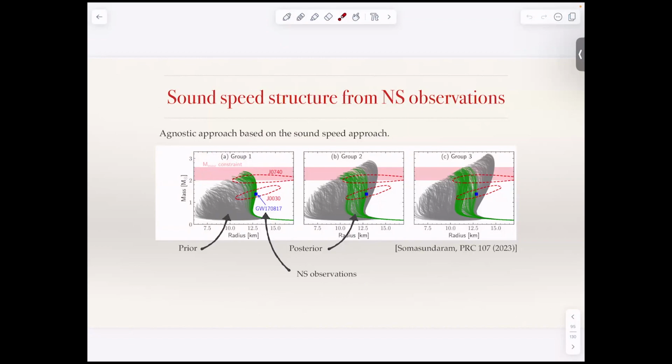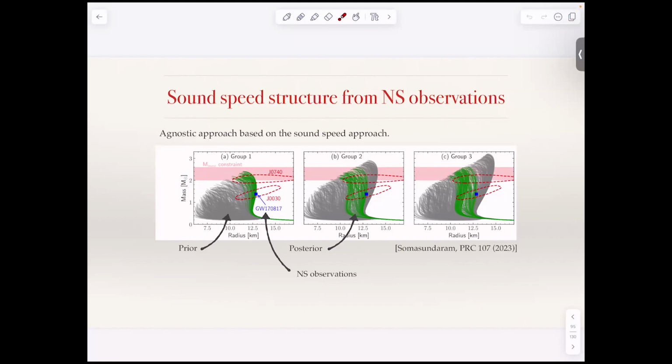We know that the maximum mass should be above 2 solar masses because of radio astronomy. We observe pulsars and found that some have a mass above 2 solar masses. So the equations of state that we generate should predict a maximum mass above 2 solar masses. This is the lower limit of the maximum mass.